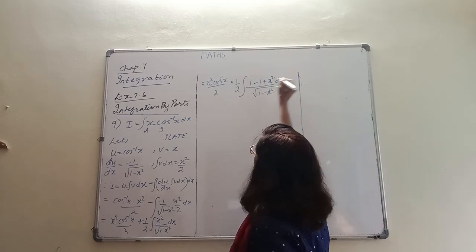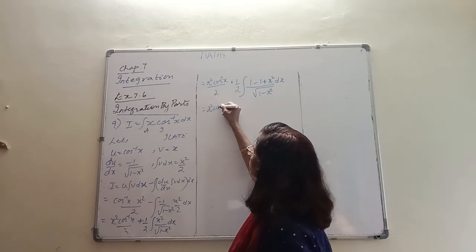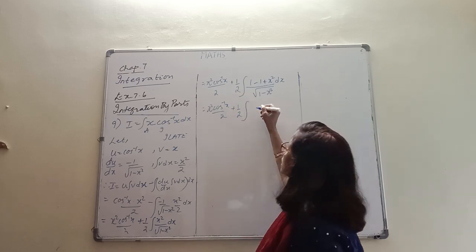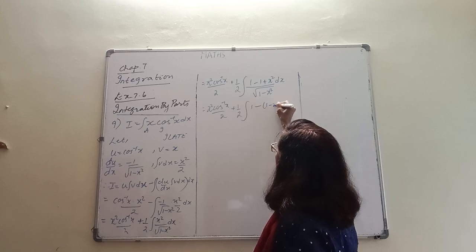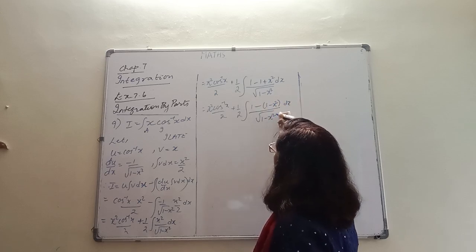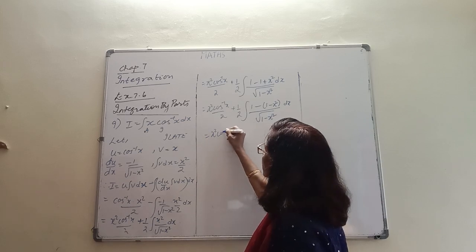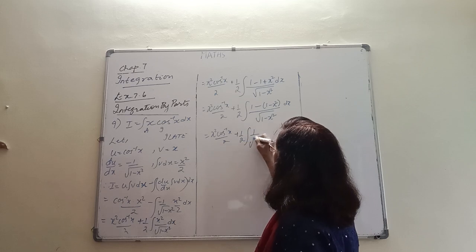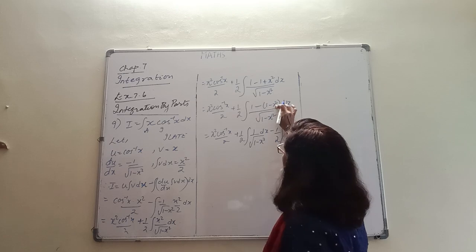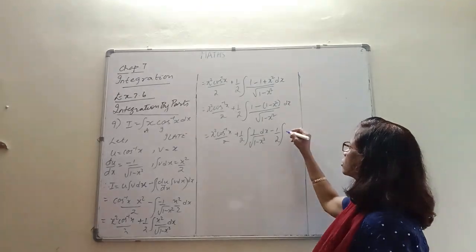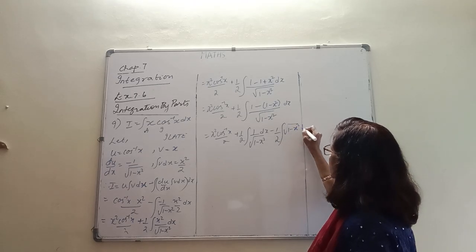So we have x squared cos inverse x over 2, half times, and we write the numerator as 1 minus (1 minus x squared) dx. The advantage is that you can split this integral. This will become x squared cos inverse x over 2 plus half times integral of 1 over root of 1 minus x squared dx minus half times root of 1 minus x squared over root of 1 minus x squared, which is just simply root of 1 minus x squared dx.